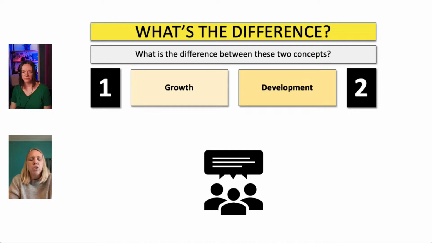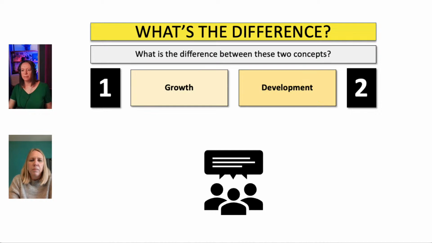So very much about different aspects of your physical being and how that is increasing in size. We've got a comment from someone saying growth is for the body and development is for the brain, how it gets better. Yeah, so growth is definitely about the body and physical quantitative growth, like Lynn said.